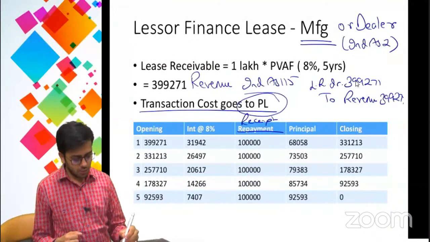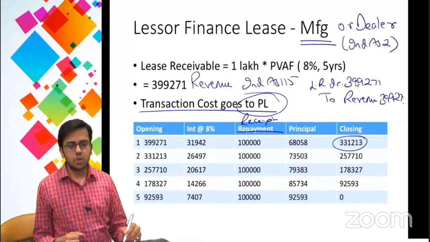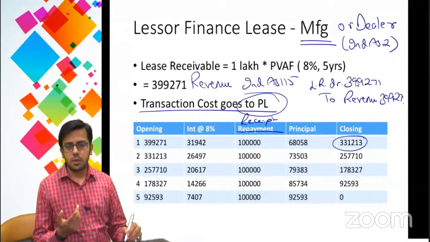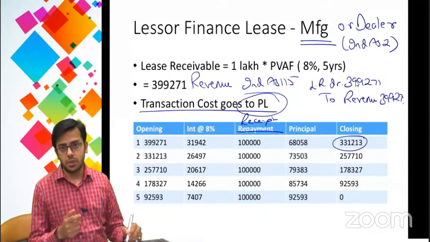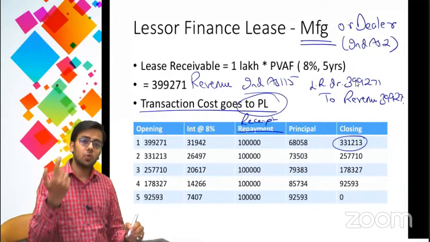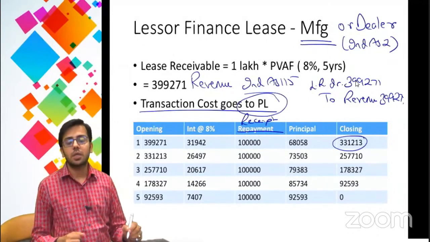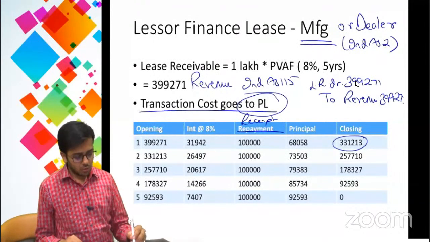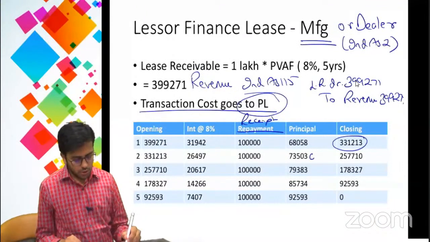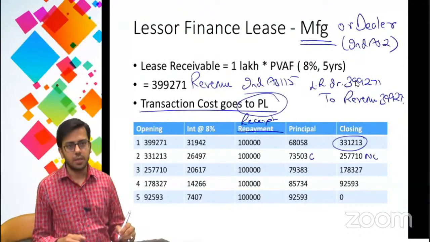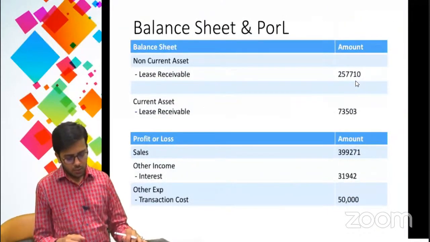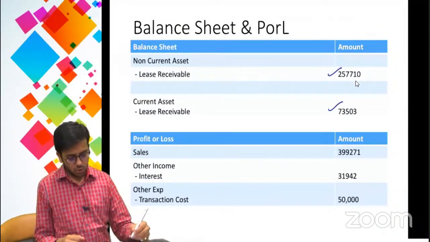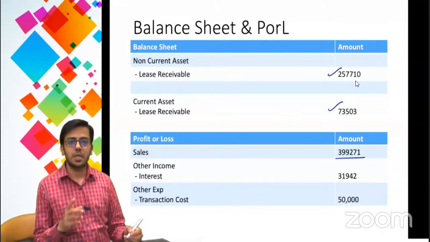So in the balance sheet, 3,31,213 will appear as lease receivable. Now remember, since he is a manufacturer, since he has sold his inventory, and since revenue is being recognized, this lease receivable is nothing but debtors. So 3,31,213 will have two bifurcations: the portion that will be current and the portion that will be non-current, as we discussed earlier. 3,99,271 will appear as sales.